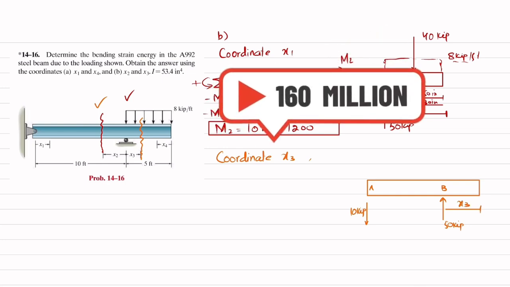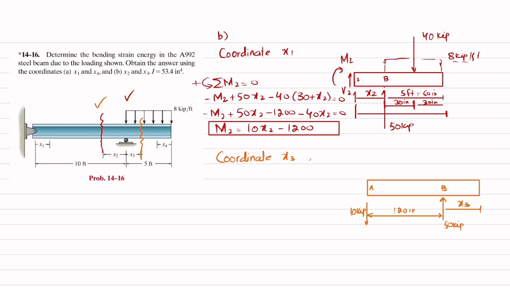X3 is in inch. So the distance between A and B is 10 feet or 120 inch. X3 is in inch. Clear? And there is a distributed load over this portion, and this will be equal to 8 kips per feet.